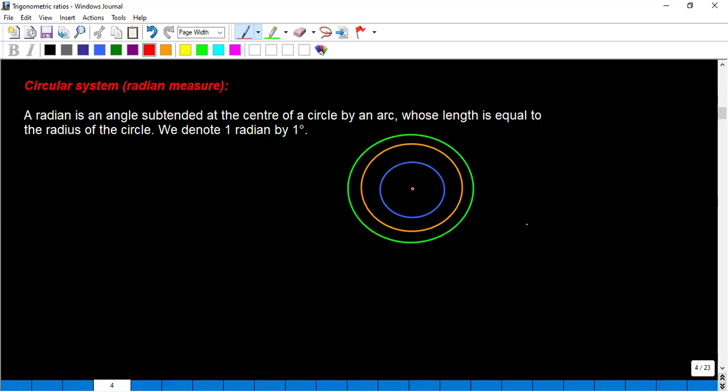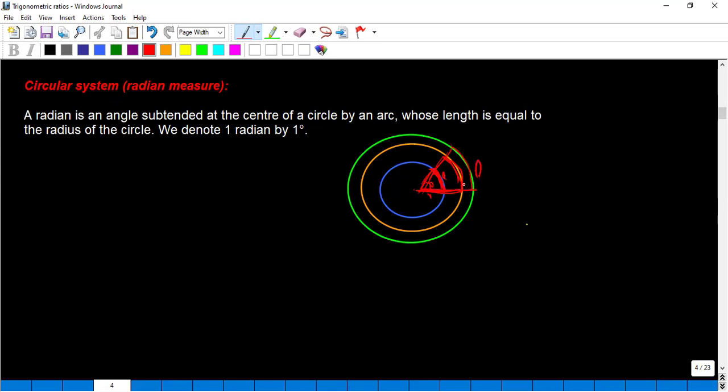The mathematicians discovered at the very beginning that if you take concentric circles, measure the radius, and take an arc equal in length to the radius, there is a relation between the arc, the radius and the angle formed. Or you take another, bigger circle, and for that also you get the same constant number.